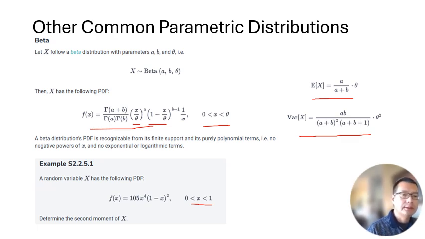Now the next step is to determine these parameters. Since 0 less than x less than 1, this gives us theta is equal to 1. Then here is x to the fourth power, but here is (1 minus x) to the power b minus 1, which is 2.